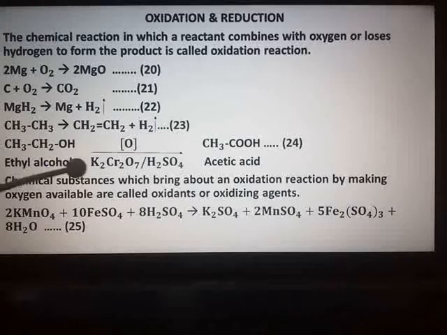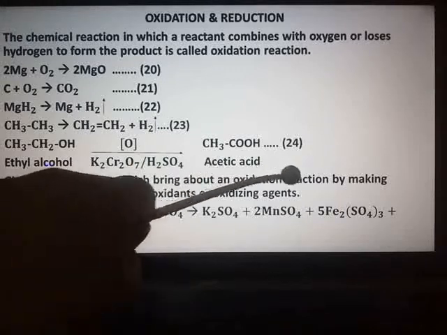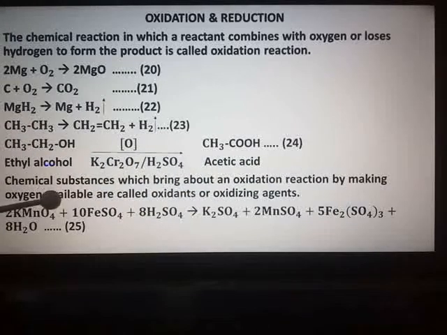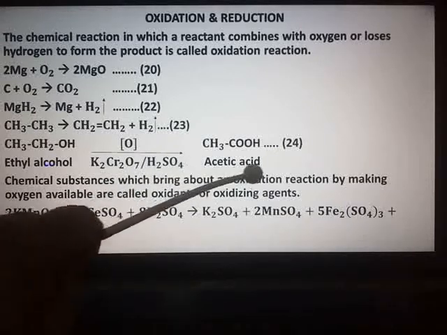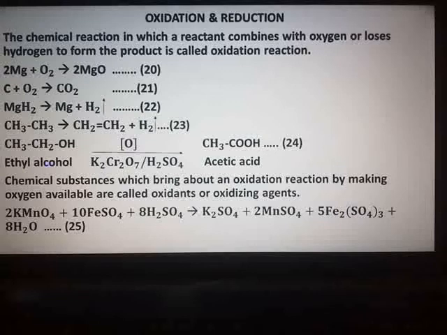So such chemical substances which bring about an oxidation reaction by making oxygen available are called oxidants or oxidizing agents. Say you have to purchase a good flat. Then what you do is take the help of an agent. What is the work of the agent? To make a good flat with a good budget available to you. You are not directly going and contacting the person who wants to sell the flat.